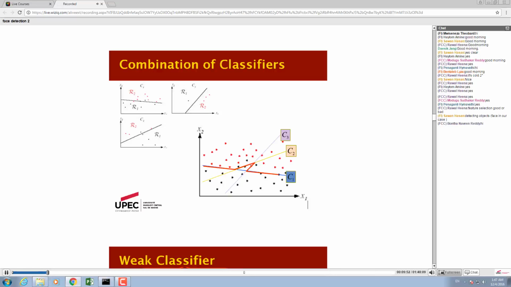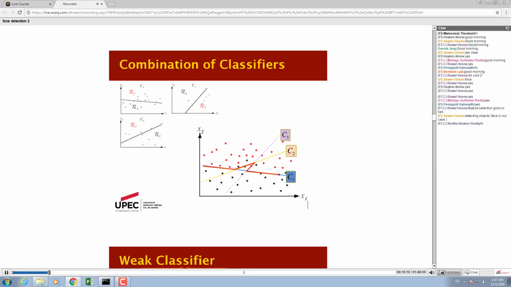In this next slide, slide number 18, at the top left corner, we have three feature spaces and three different threshold classification lines.